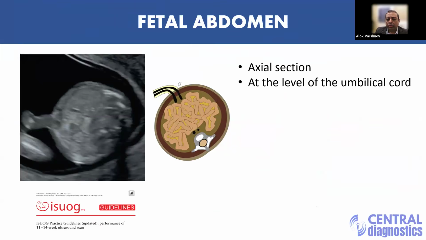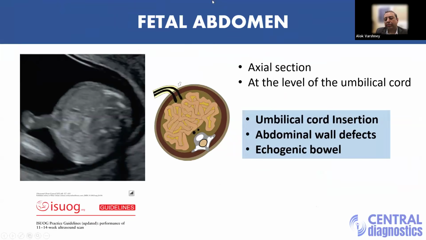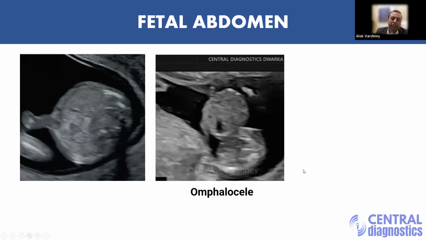Now we go to the mid-abdomen. We acquire a plane at the level of the umbilical cord. So that's the umbilical cord inserting into the abdomen. And we see the umbilical cord insertion, and we see any abdominal wall defect if it is there. We can also use it to assess for any echogenic bowel.